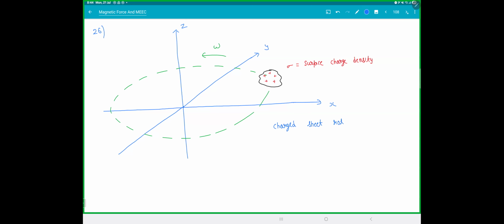The shape of the sheet, I don't know. Area is not given, nothing is given. The electric potential of the sheet about the origin is given.